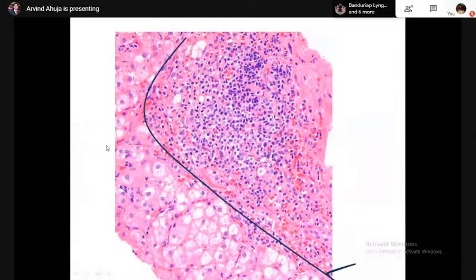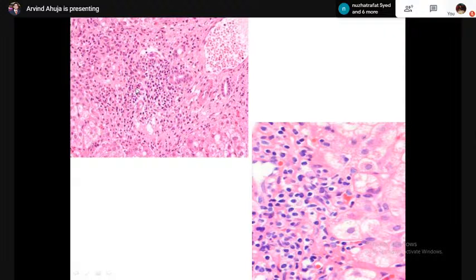High power view, you can see that this is a portal tract which is showing some lymphoid aggregates. This is a bile duct, and this is a limiting plate. Here, the portal inflammation is restricted to the portal tracts. There is no significant interface activity, and the hepatocytes adjoining the portal tracts are showing ballooning degeneration.